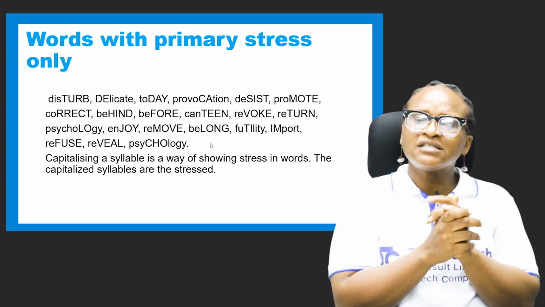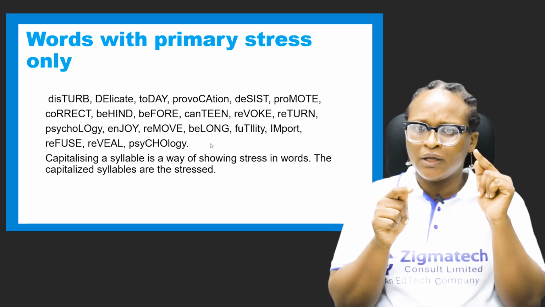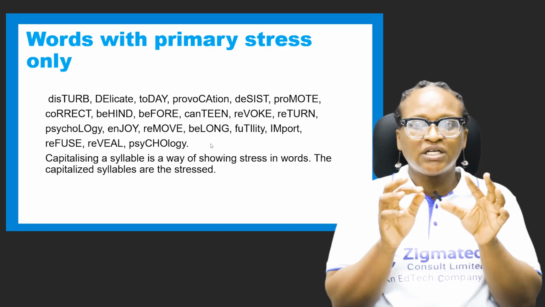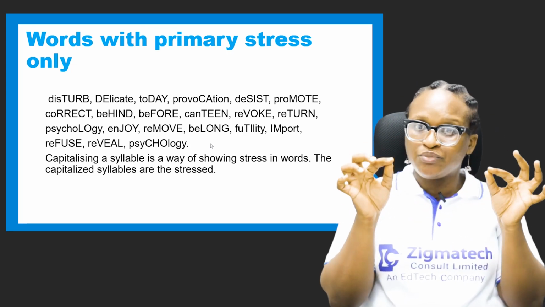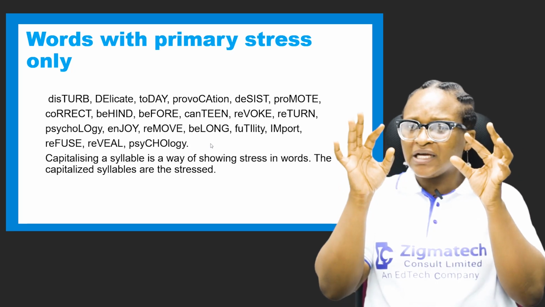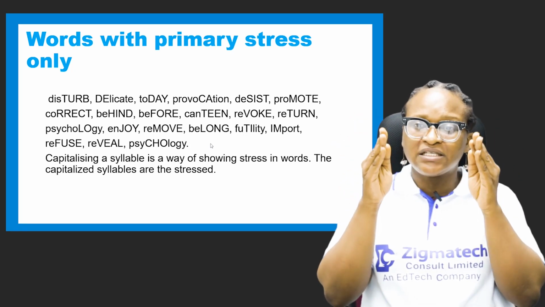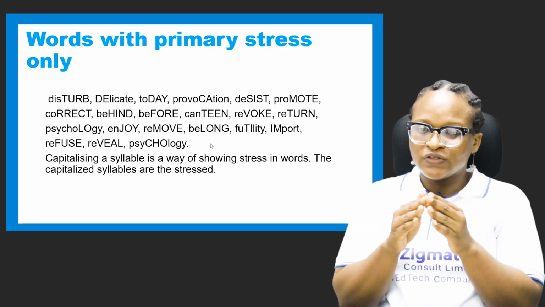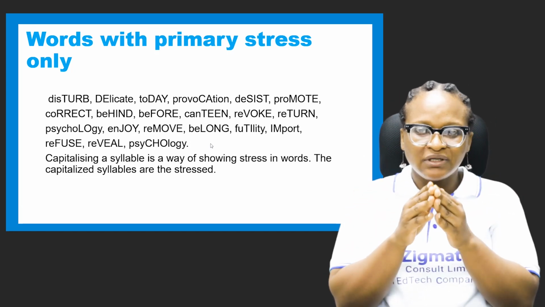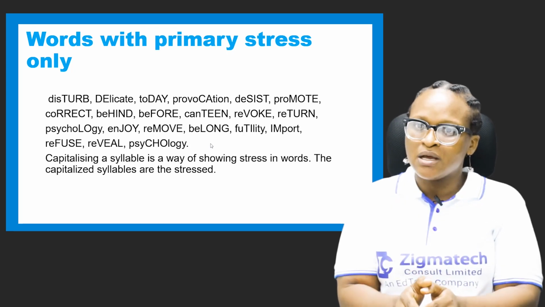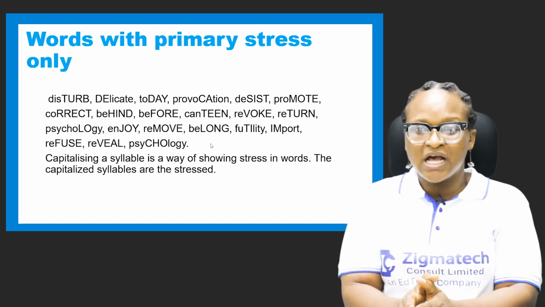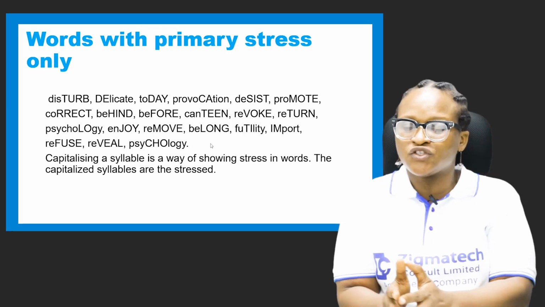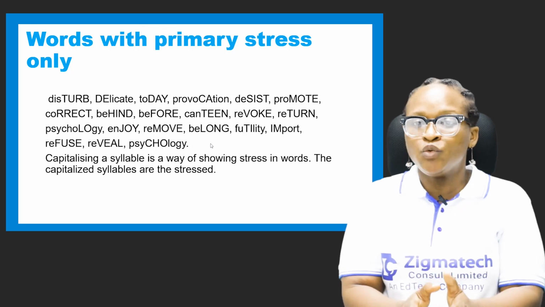Remember I told us, aside from the stroke that is attached to the syllable that bears the stress, another way to indicate stress, basically for your exam purpose, is that the letters, or rather the syllable that bears the stress, are capitalized. Once you see the capitalized syllable, that is the syllable that bears the stress. Because for exam purpose, that is how it is done. But if you want to check your dictionary, to identify how words are stressed, they won't be capitalized.